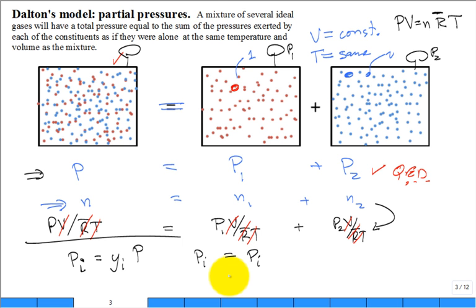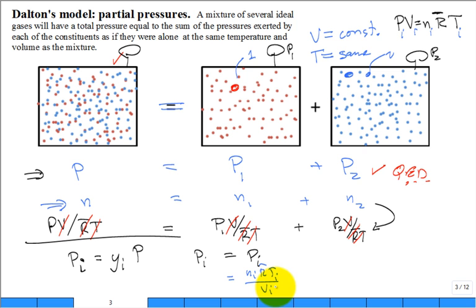And then what is P_i if I use the ideal gas equation? P_i V_i equals N_i R bar T_i, right? So we could replace P_i by N_i R bar T_i divided by V_i, right?